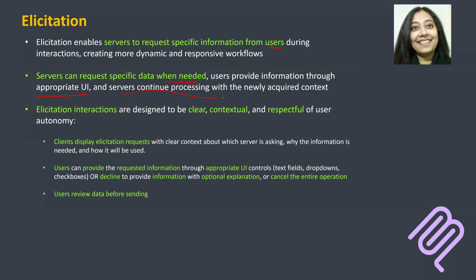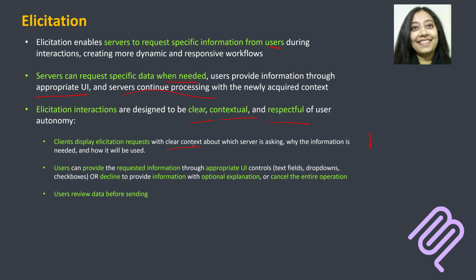Now, any kind of elicitation interactions or requests are supposed to be clear, should have proper context, and should be respectful. So clients essentially display elicitation requests in which a clear context is presented to the user.